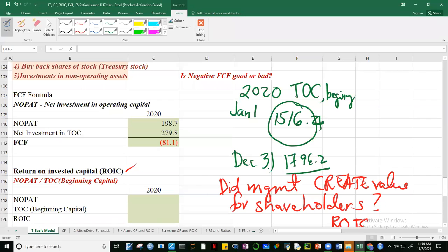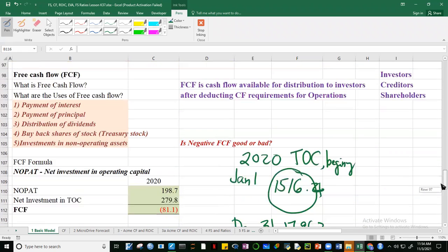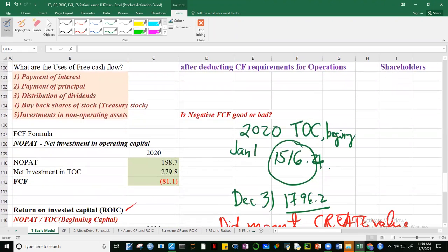Now we're going to assess management, and we're going to base it on the beginning of the year. It's like the story here: we provided you with capital worth 1,516,000,000. 1516 million. That's what we provided management with. What did they do with that capital? We're not even going to assess you based on net income after tax.